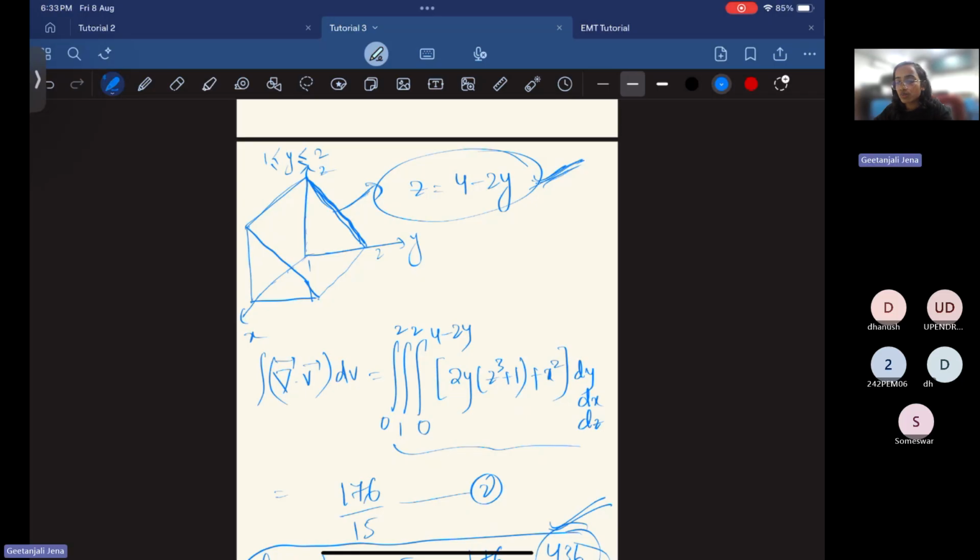It's 1 minus 2y equal to z, right? No, just check it once. So you are saying z should be 1 minus 2y. If you put z equal to 0 here, then this will give y equal to half, which is not true.